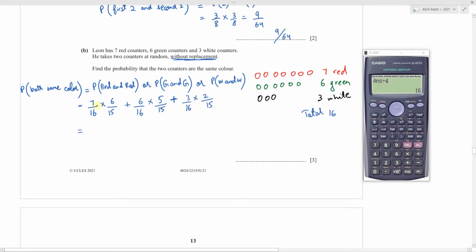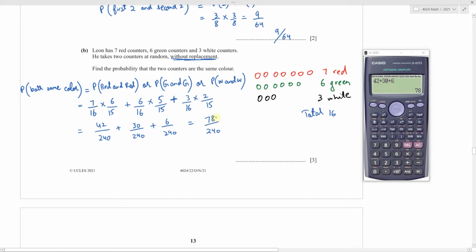So now let's calculate. 7 times 6 is 42. 15 times 16 is 240. Plus 30 over 240 plus 6 over 240. So if you add them, 42 plus 30 plus 6, 78 over 240.